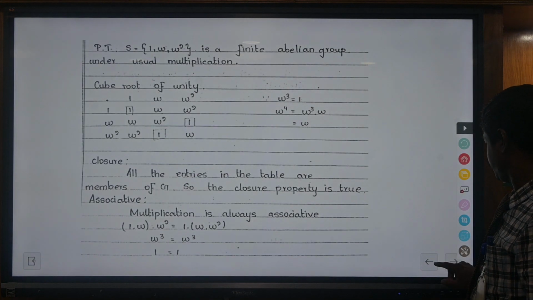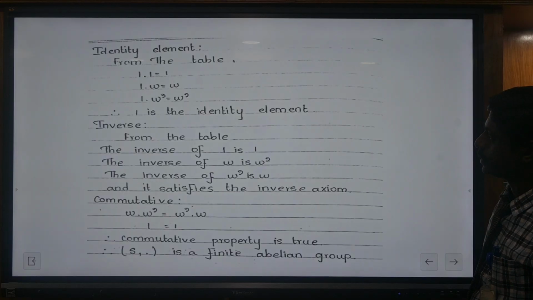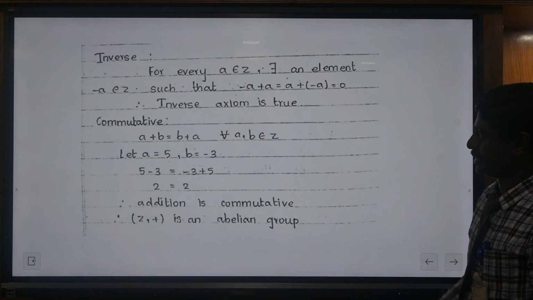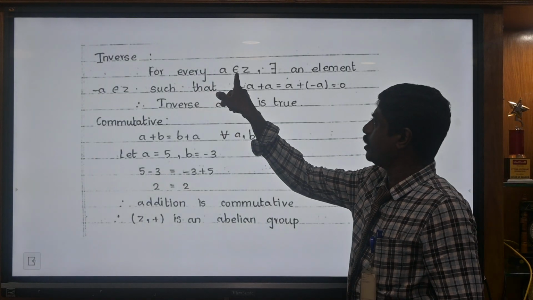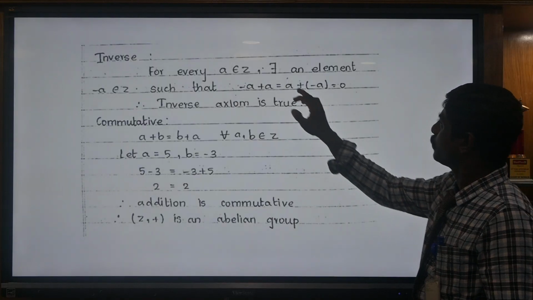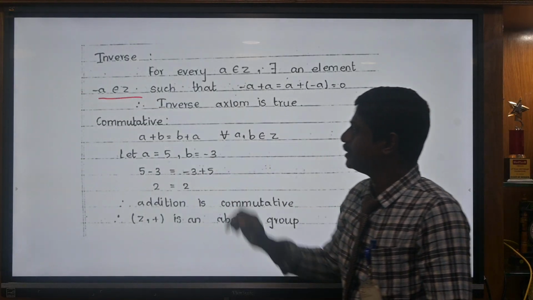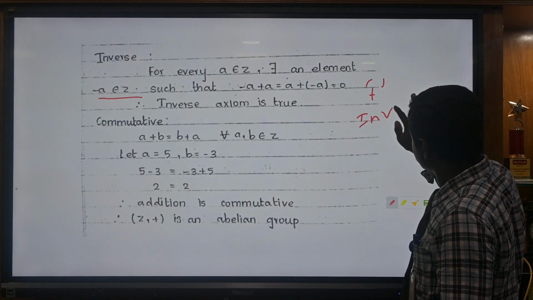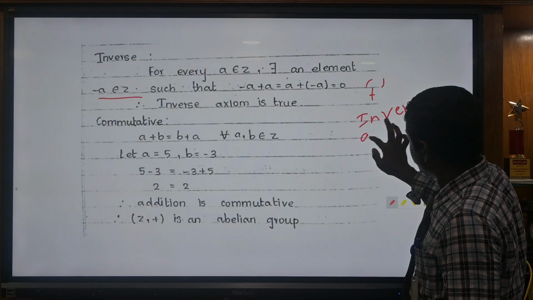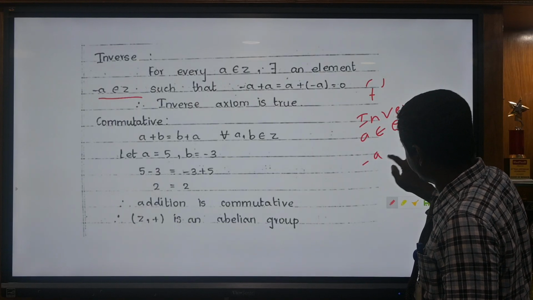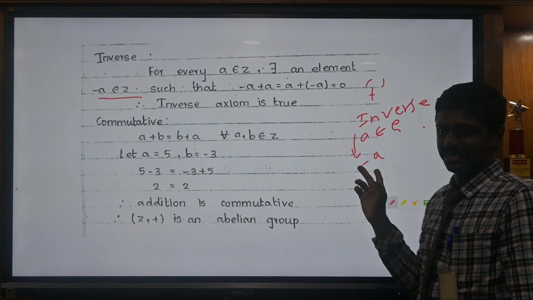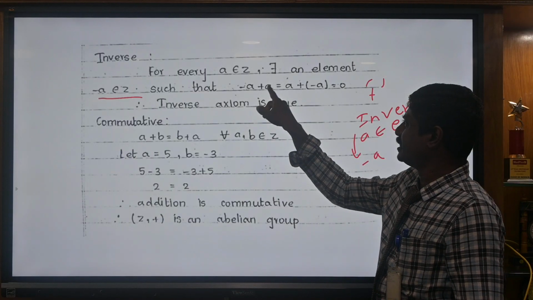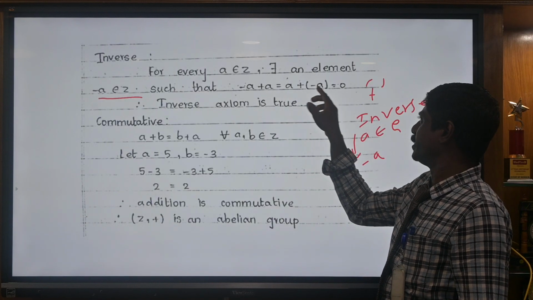Next one is inverse. For every A belongs to Z, there is an element minus A. In addition, the inverse of A is minus A. So minus A belongs to Z such that minus A plus A equals 0, or you can write A plus minus A equals 0.